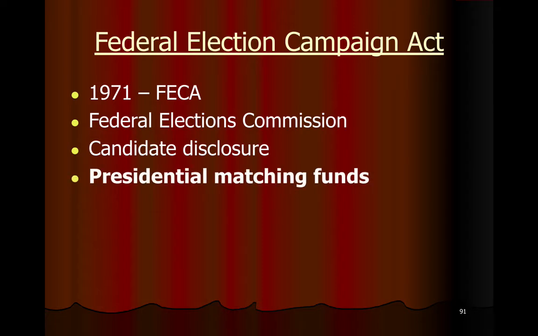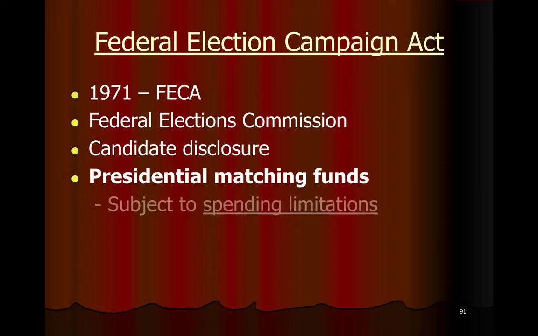The FECA Act in 1971 also created presidential matching funds. Because the cost of campaigning for a large election like the presidential election was becoming very, very expensive, they decided to offer a way for the federal government to help presidential candidates. Now, the way that this works is it would be a matching amount.